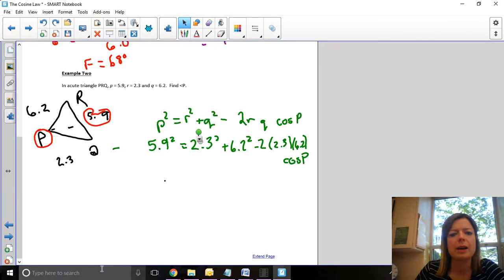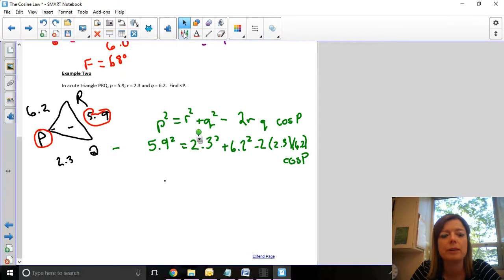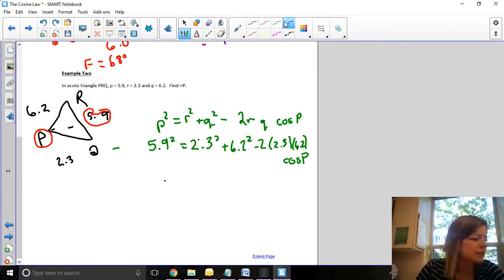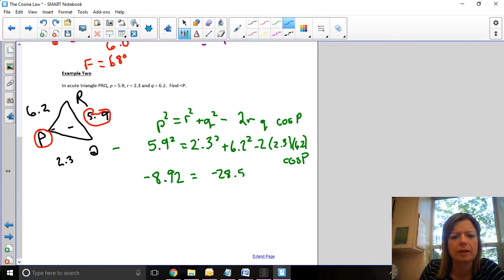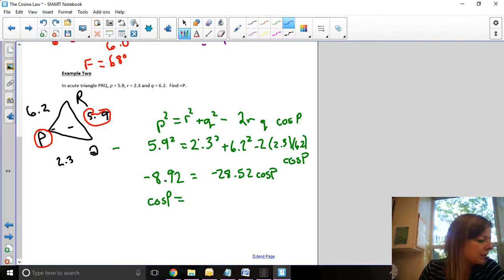Okay, so when you actually go and solve for this, you just need to, again, be very careful with your calculator work. Okay, so you're going to get minus 8.92 equals negative 28.52 cos P. So when you rearrange, you divide both sides, you get cos of P is equal to 0.31276.